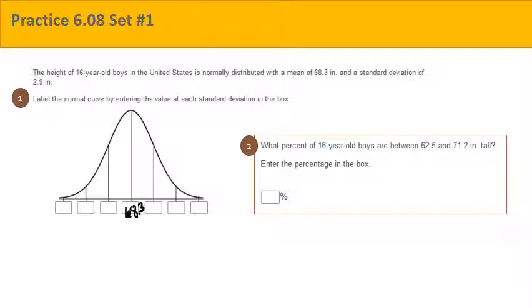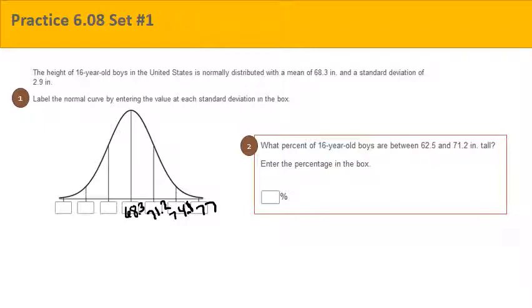So you're going to add 2.9 going up, so that would give me 71.2, 74.1, and 77. Little bitty boxes right here.